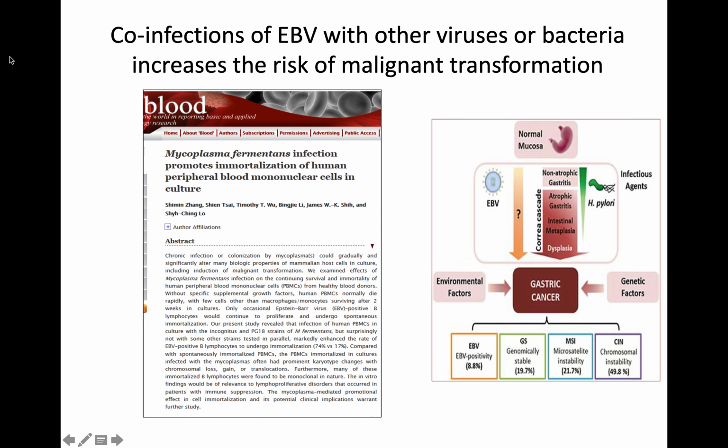Now they also have studied the Epstein-Barr virus in co-infection. A co-infection is where you've got the virus with another pathogen or another organism, bacteria, within an environment.